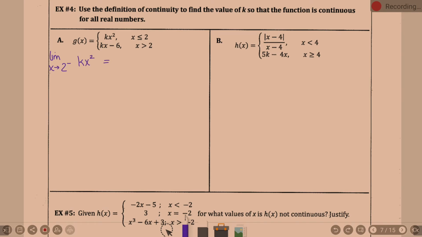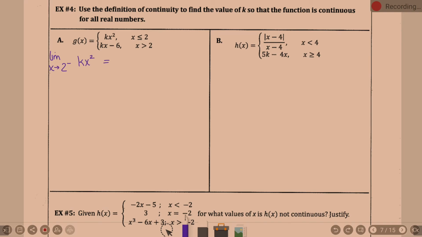I didn't put g of x here because I wanted to specify which part of g of x I was using, kx squared. Writing g of x would be a valid statement too, but I would have then just rewritten it as kx squared.